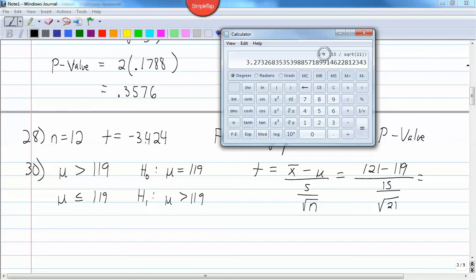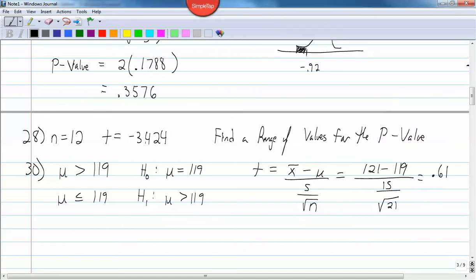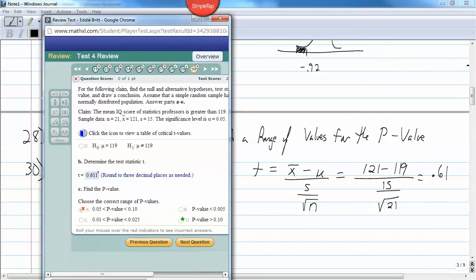So you see up here, 2 divided by 15 over the square root of 21, equals. All right, so here's our test statistic. I want to round that to 2 places, right? So that's 0.61. Okay. And so, well, they rounded to 3 places, so 0.611. That's what we had anyway.